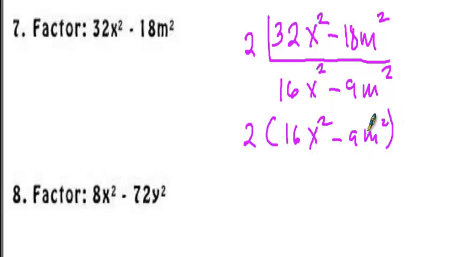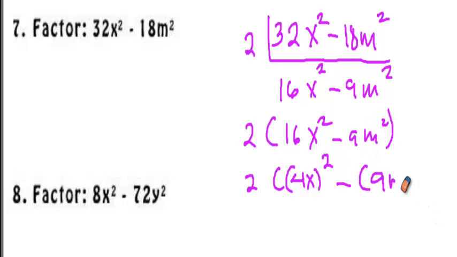Now, inside the parentheses, check, do we have two terms? Yes, we do. Is the first term a perfect square? Yes, it is a perfect square because we can write 16x squared as 4x squared. Is 9m squared perfect? Yes, it is. We can write this as 3m squared.